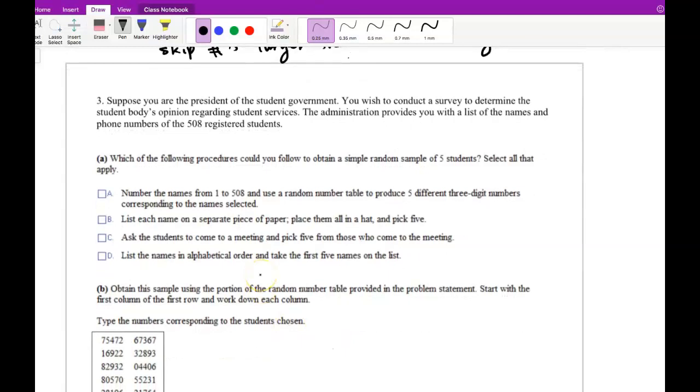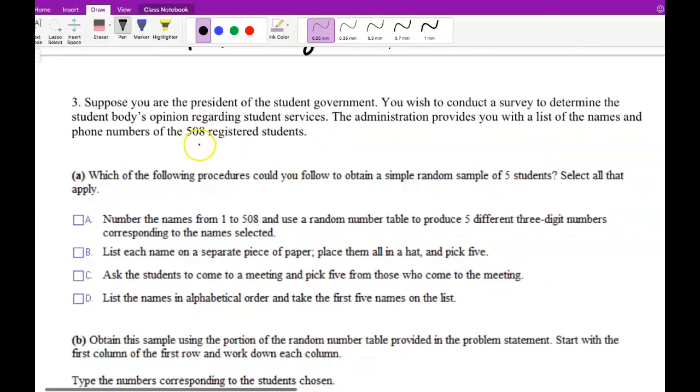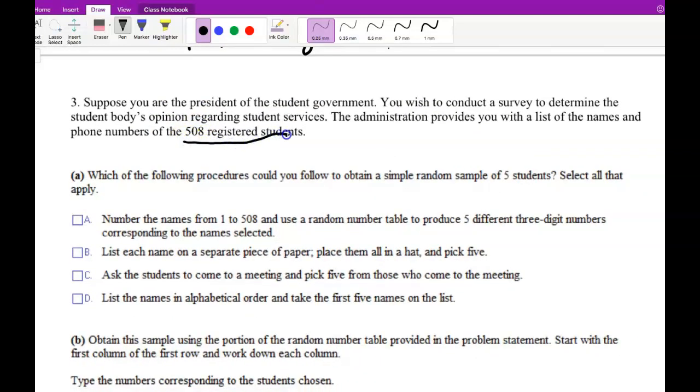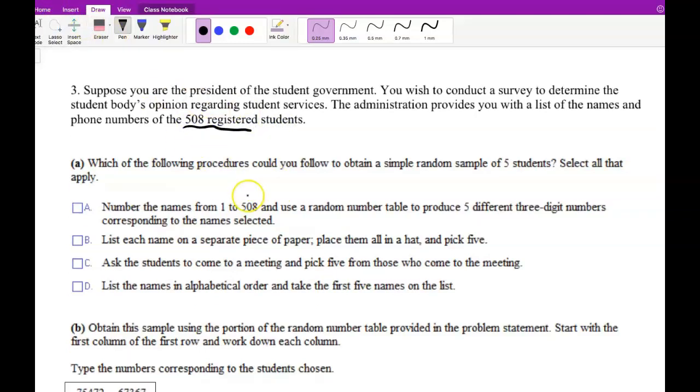Suppose you are the president of student government. You wish to conduct a survey to determine the student body's opinion regarding student services. The administration provides you with a list of the names and phone numbers of 500 registered students. So we have 500.